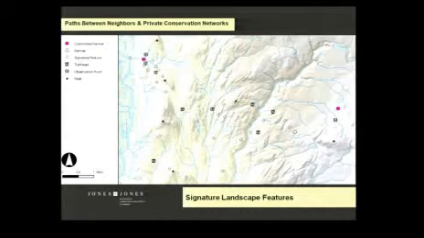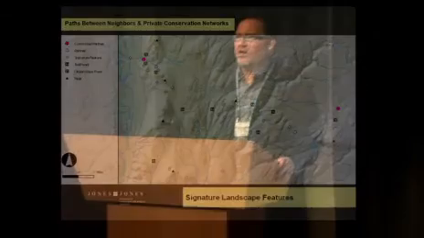Because, for example, on one project, we asked this person, what is it you love about this place? What's the signature of this place that makes you want to stay here? And his response was like, well, I don't know. My house is over there, and I work over here. And I was like, well, how do you get to work? Well, I drive along this one road. Okay. When you drive along that one road and you're driving through that landscape, what are the memory experiences that are triggered as you move through that?